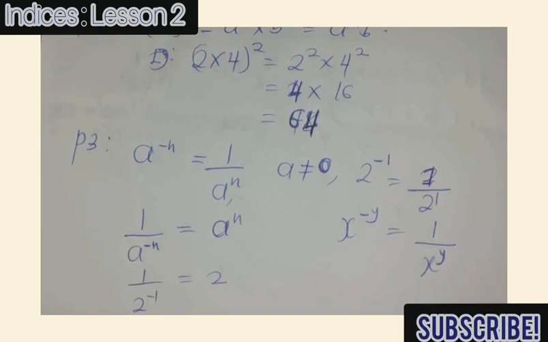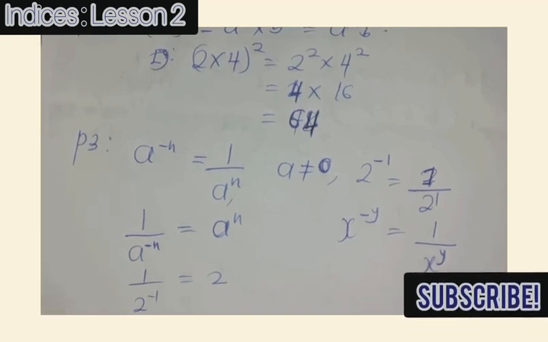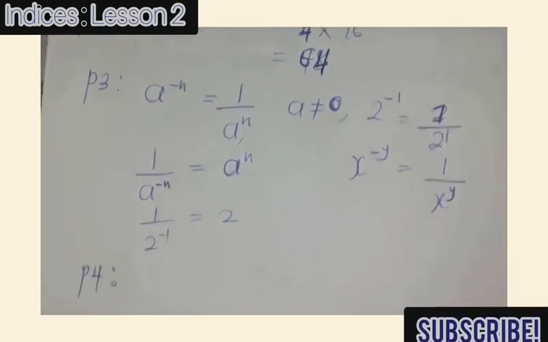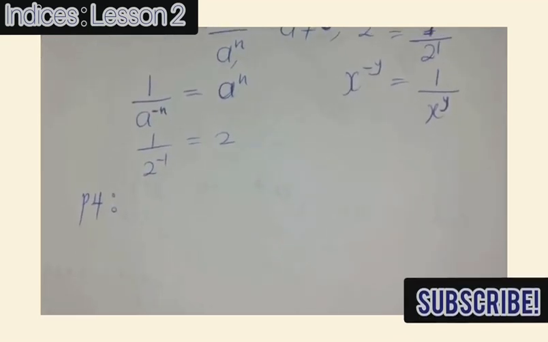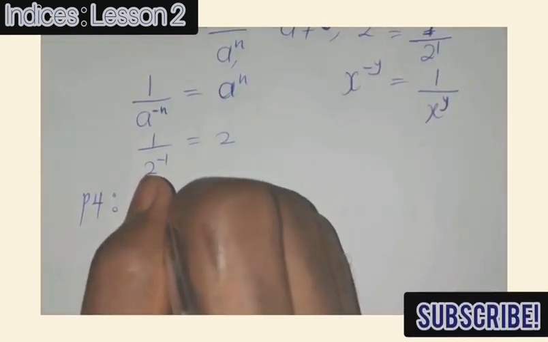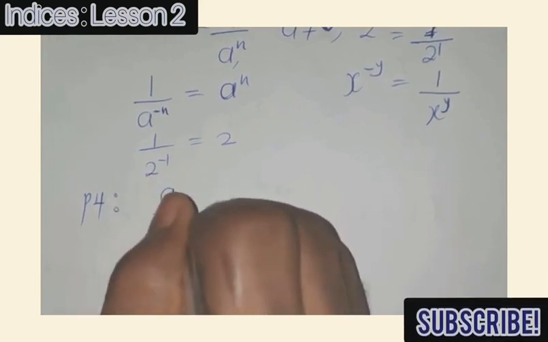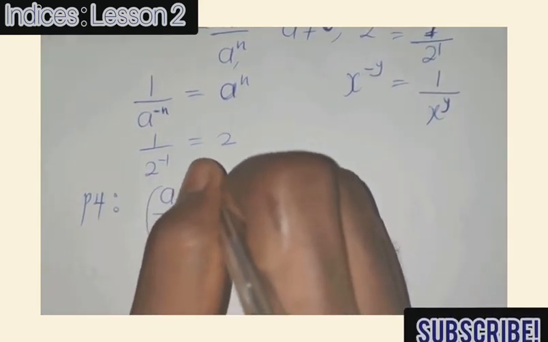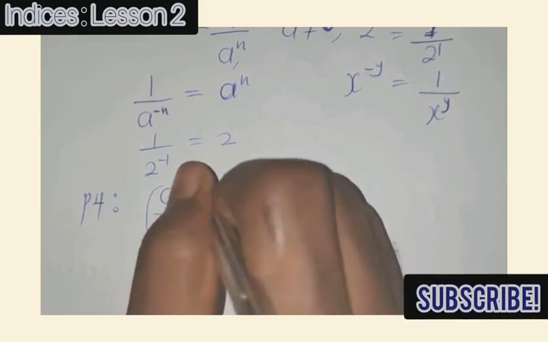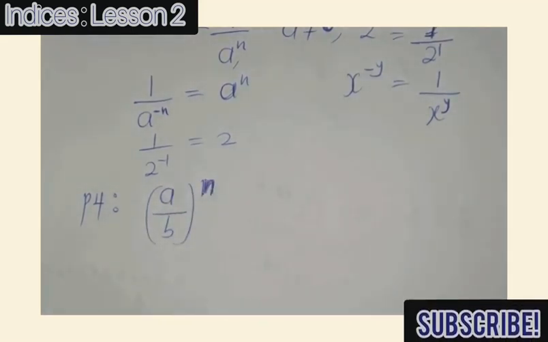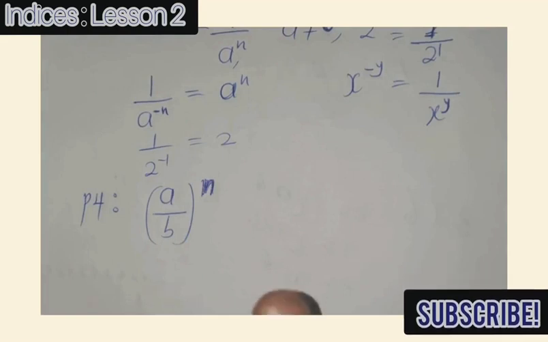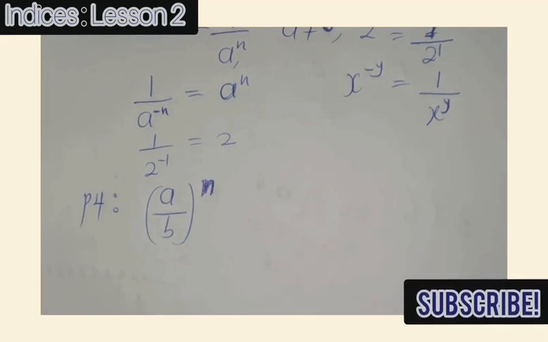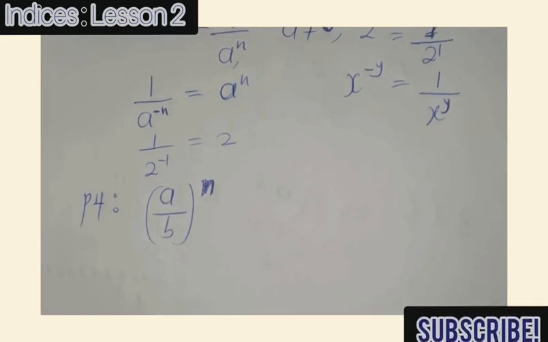So property 4. Property 4 is saying that now if I have two bases where they are dividing, and they are all having an exponent which is raised to the power n. It's more similar to property 2, but property 2 was in that horizontal form.